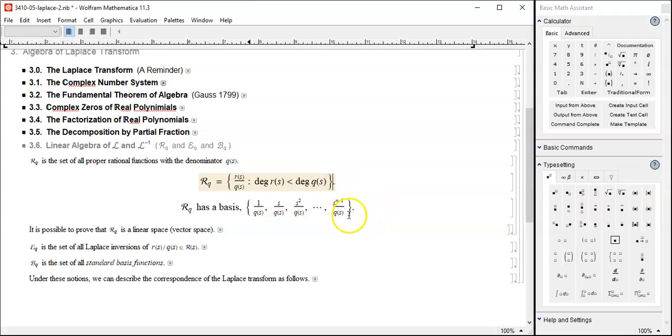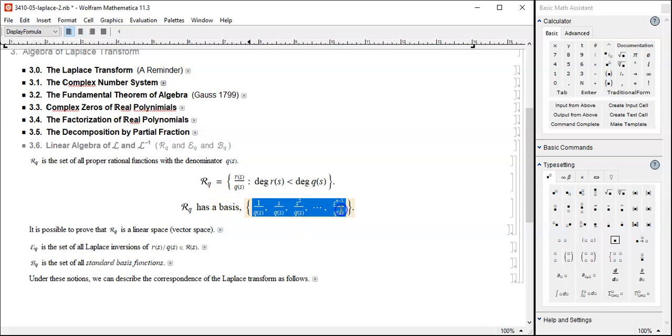It is easy to prove that this generates that, because this is a polynomial here, and polynomials are generated by linear combinations of 1, S, S squared, up to S to the (n minus 1) power. That's the way polynomials are. No problem there. As for the linear independence, that's a little bit tricky, and it may need a bit of computation, but it's not too bad.